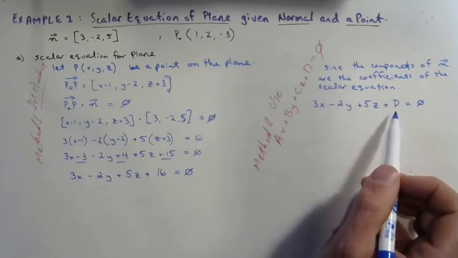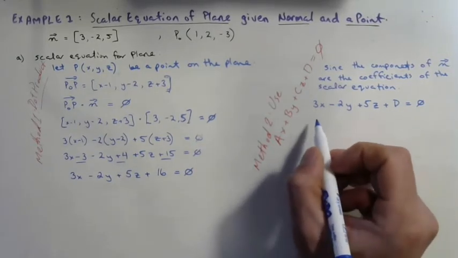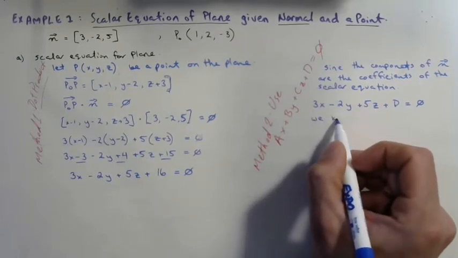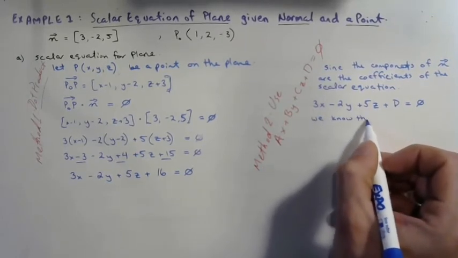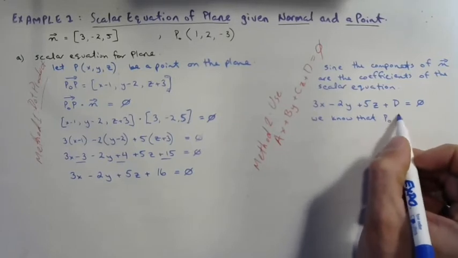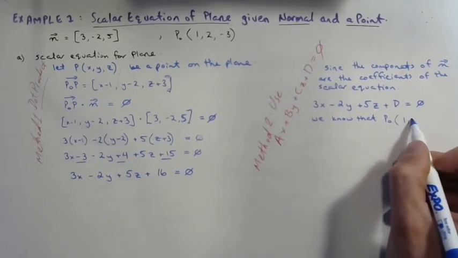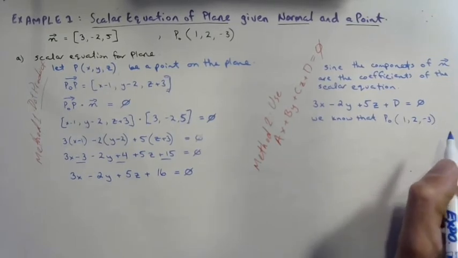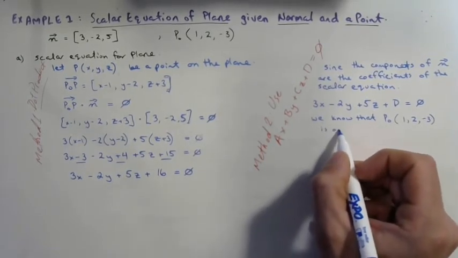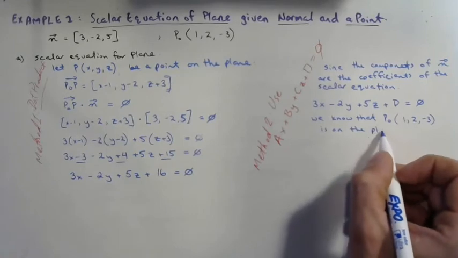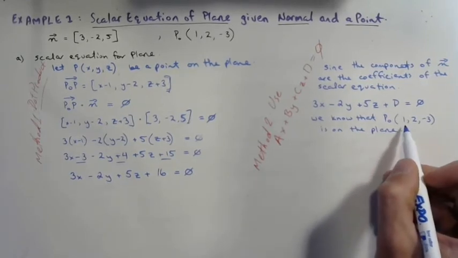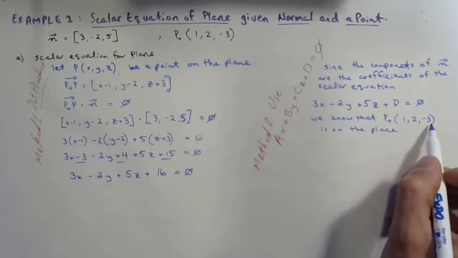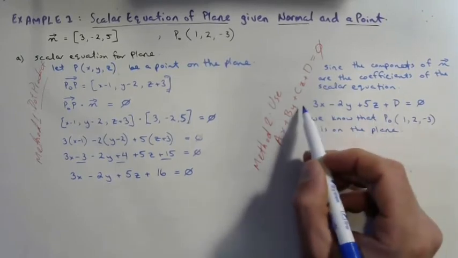So what else do we know? Well, we know that P naught, 1, 2, negative 3, is on the plane. That means that the coordinates 1, 2, negative 3 satisfy this equation.